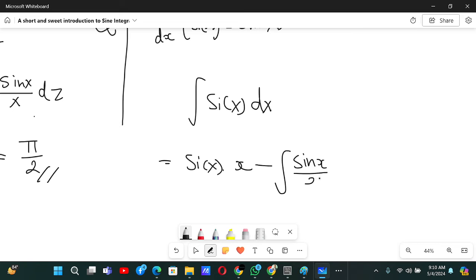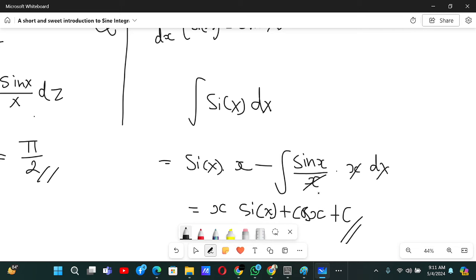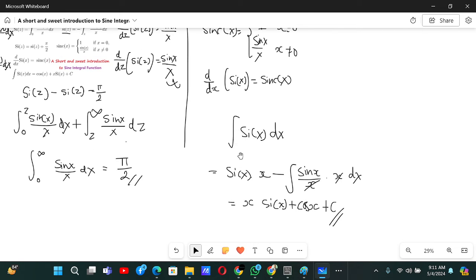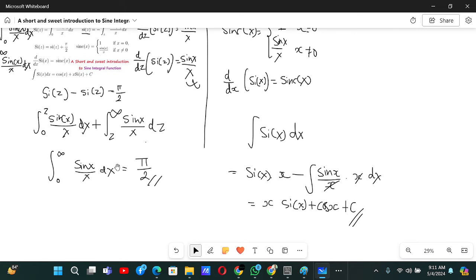Note that I'm not using sinc here because sine x by x is dealt with directly. Then the integral of 1 is x, and the x cancels out, so we are left with x Si of x, minus the integral of sine, which is minus cos, so minus minus becomes plus cos x plus c. So this is the integral of capital Si, and similar will be the integral of small si of x as well: cos x plus x si of x plus c.